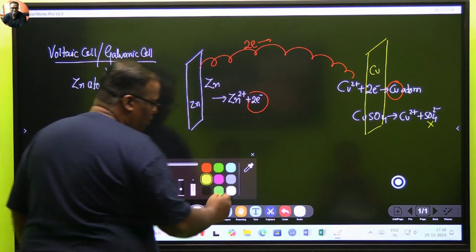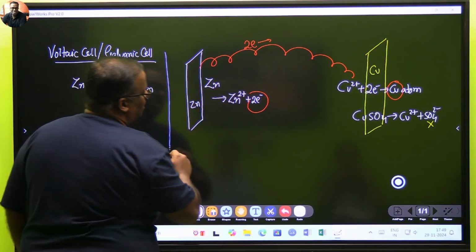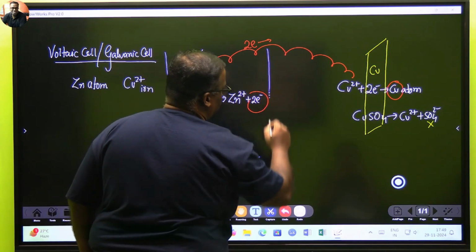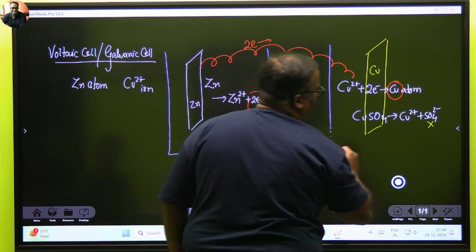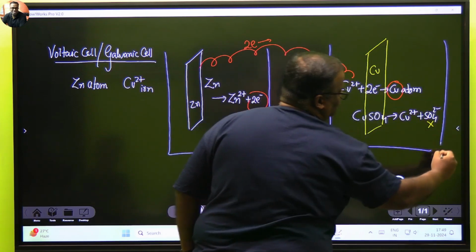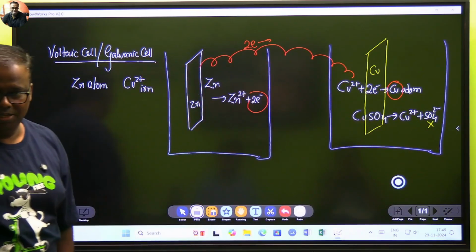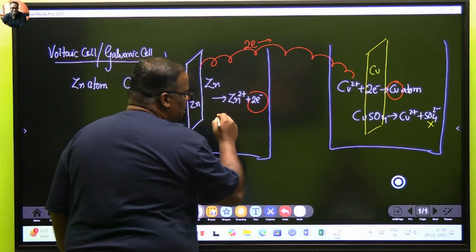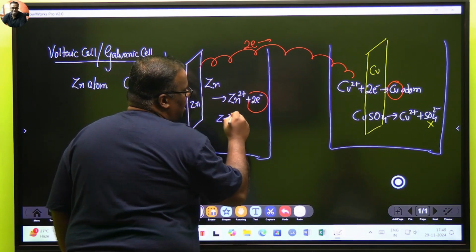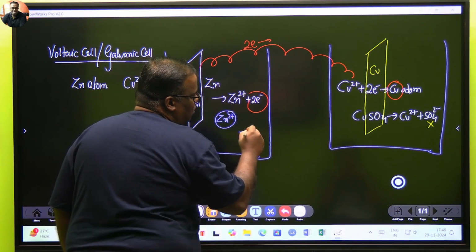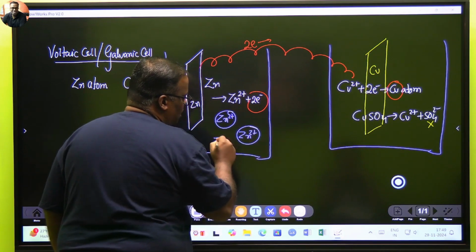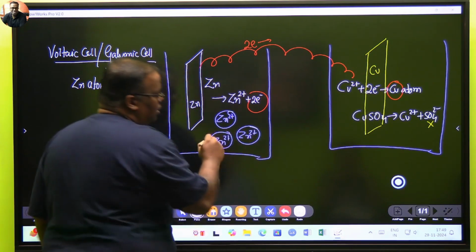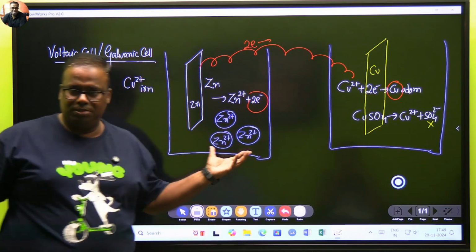So what I do now, I start enclosing this in what is called two half cells. These are my two half cells, okay? Now there is one problem here. What is the problem? If you go on seeing that after some time a lot of Zn2 pluses will be formed, because zinc ions are getting formed.